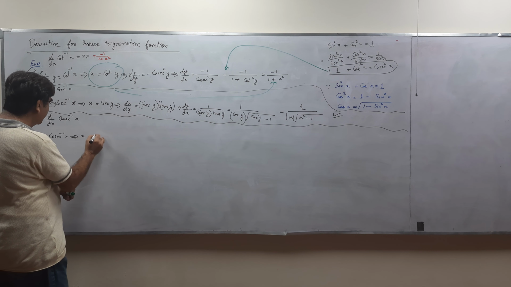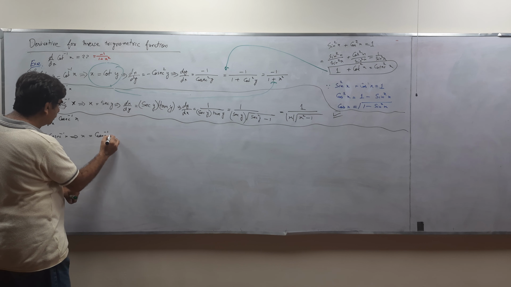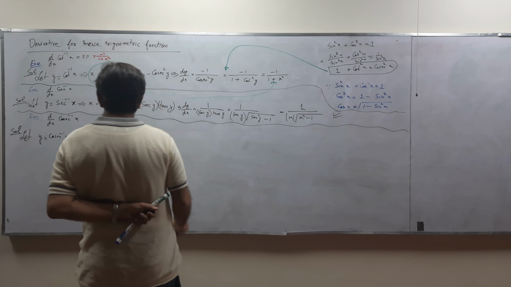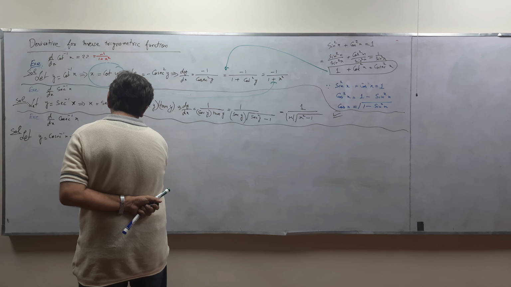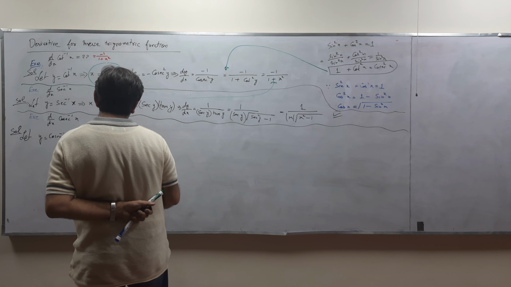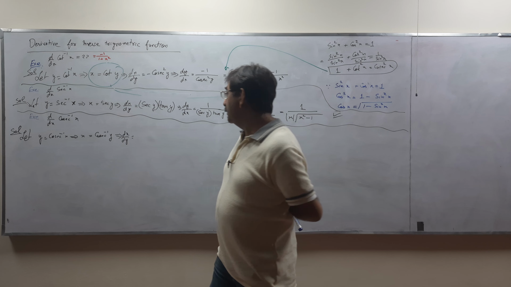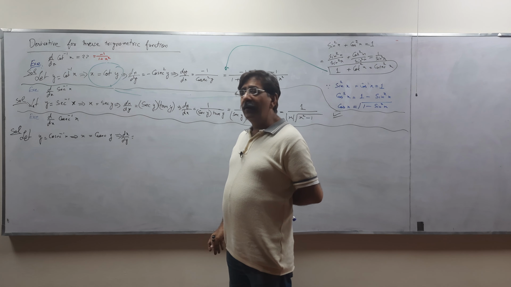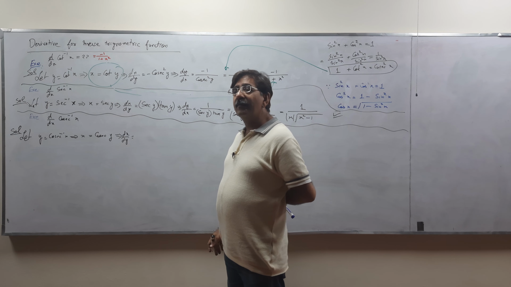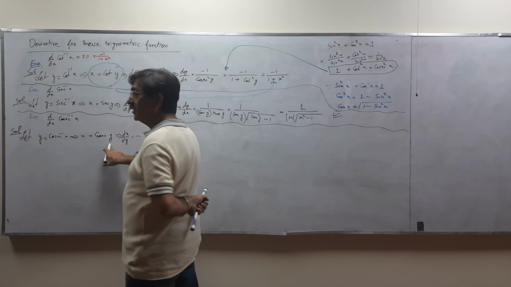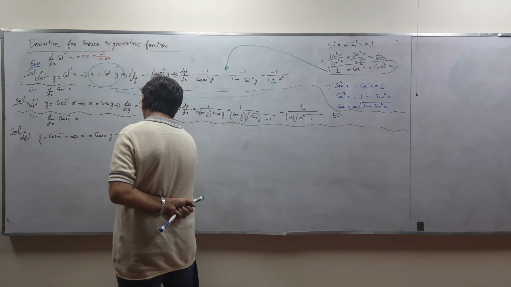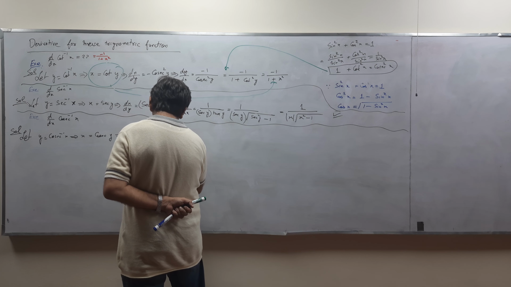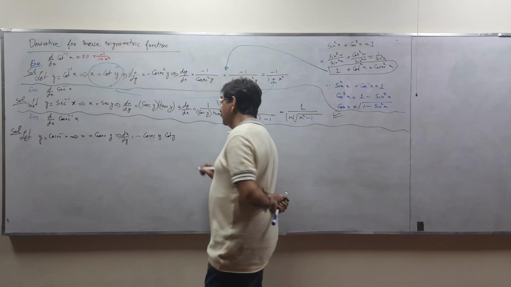This implies that x equal to cosecant y. Then dx over dy: what is the derivative of cosecant? Minus cosecant y cot y.